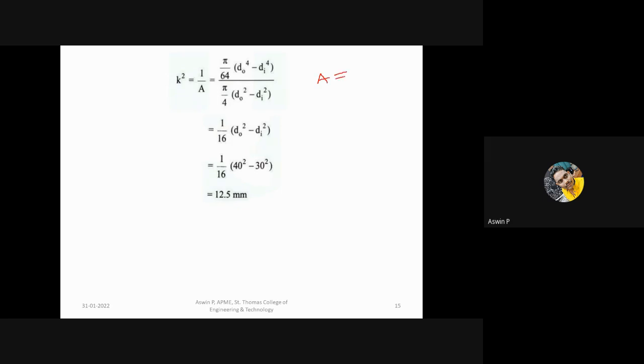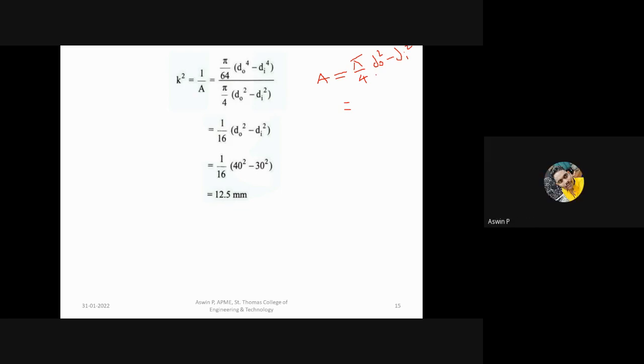A is equal to pi by 4, do square minus di square. Please solve this one. Find the area of the cross section of the hollow cylinder. Pi by 4 into do square minus di square, and tell me the answer.